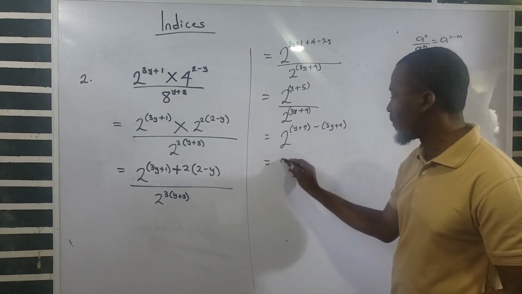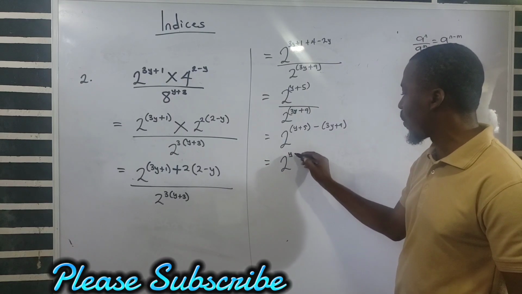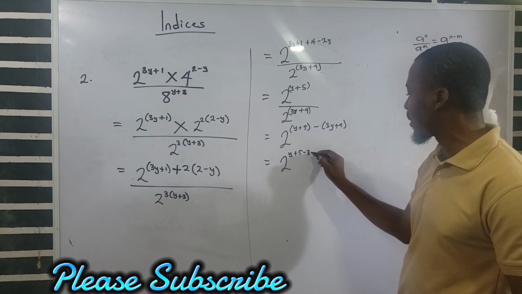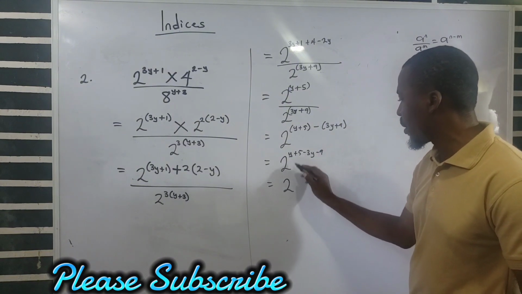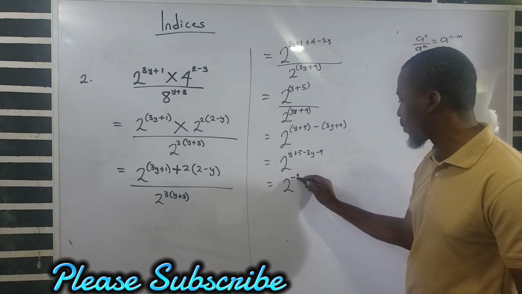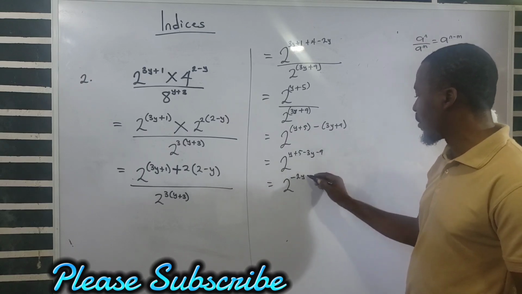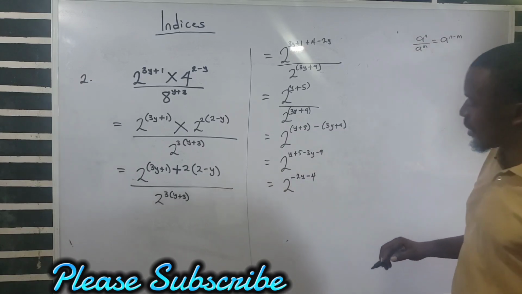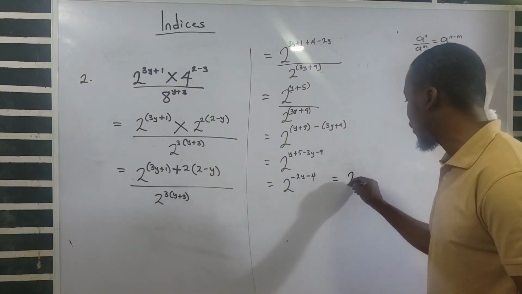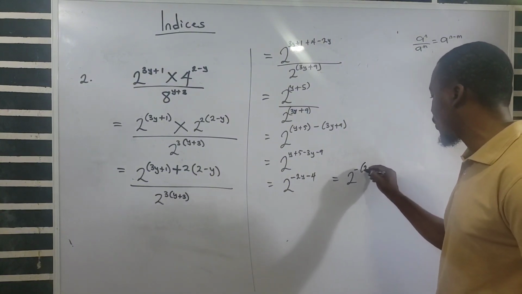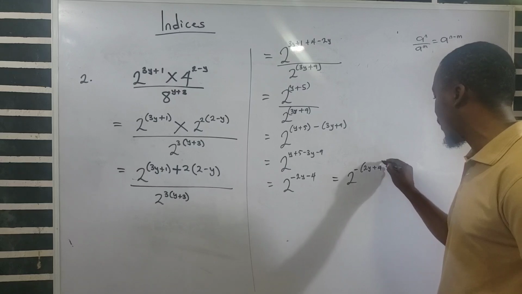Okay, so that will give us 2 into y plus 5 minus 3y minus 9. That will give you 2 into this, and this will give you minus 2y. This and this will give you minus 4. Okay, so you can simplify further to have it as 2 into minus 2y plus 4.